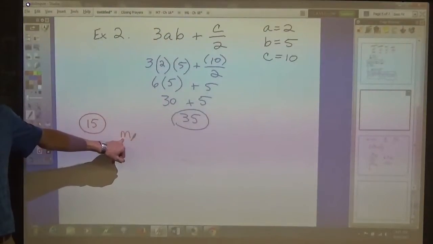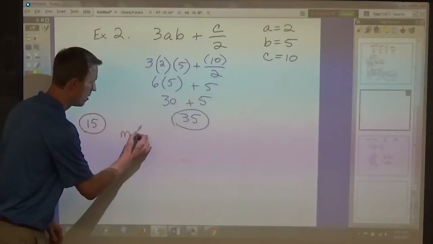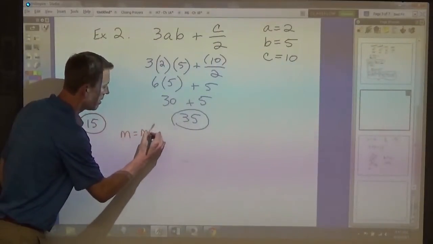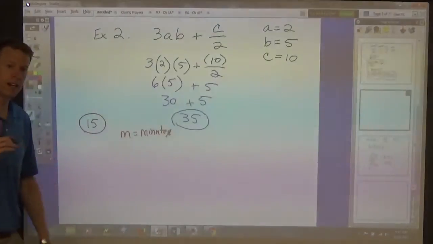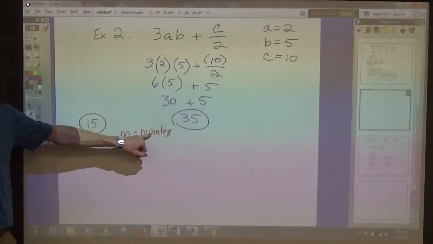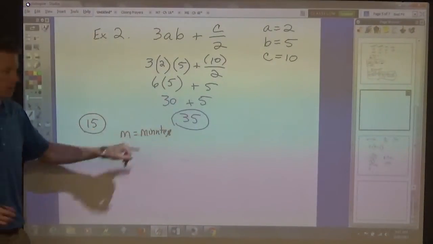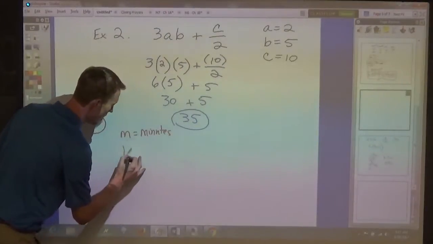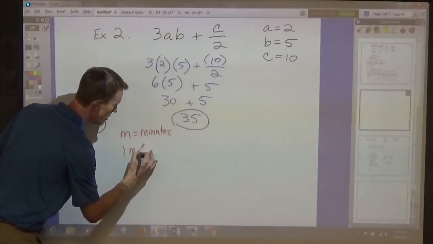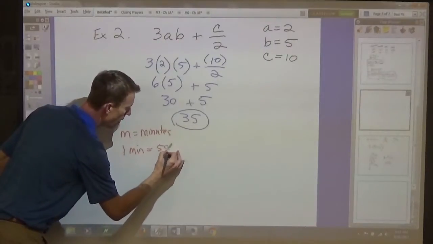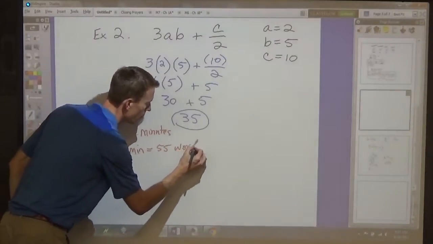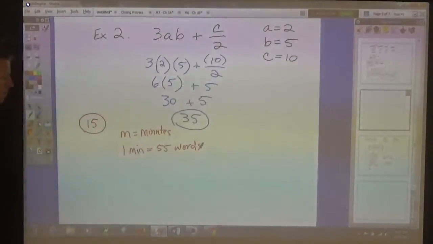Katie? It means minutes. Yeah. Now, it means minutes, and 1 minute equals 55 words, right? So we could write that down as well. In 1 minute, the person can type 55 words. Okay?